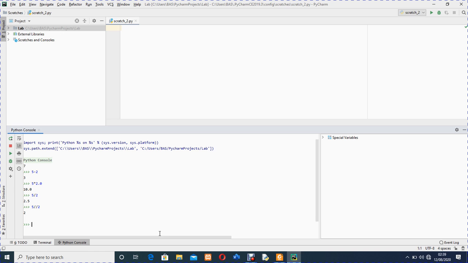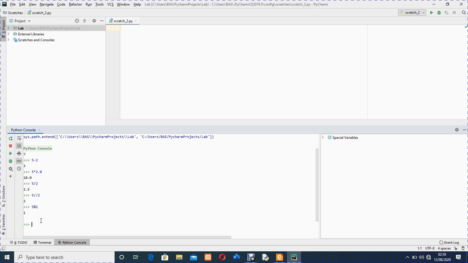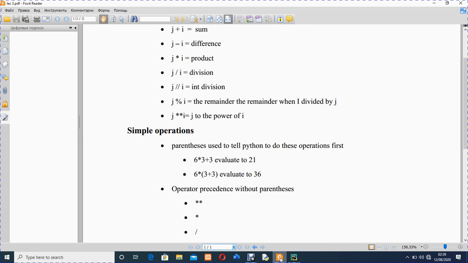The next is 5 remainder 2, which is 1. Let me check the next.